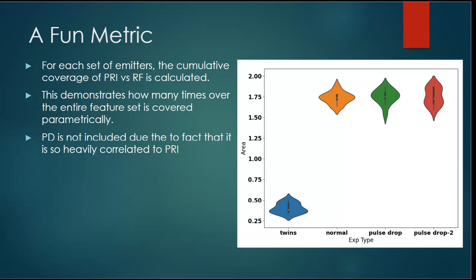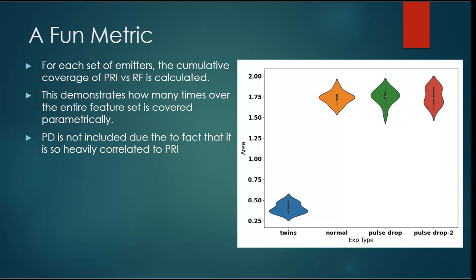Basically, if you took the sum total of area covered by all emitters, how many times over would they cover the frequency in PRI space? And then that became the area statistic. I didn't incorporate pulse duration into this because pulse duration was so highly correlated to PRI that I didn't think it would make it a useful metric to look at the total volume covering all 3 parameters.